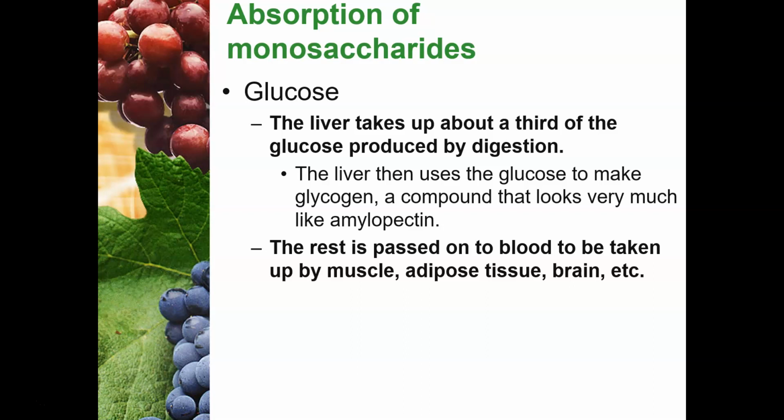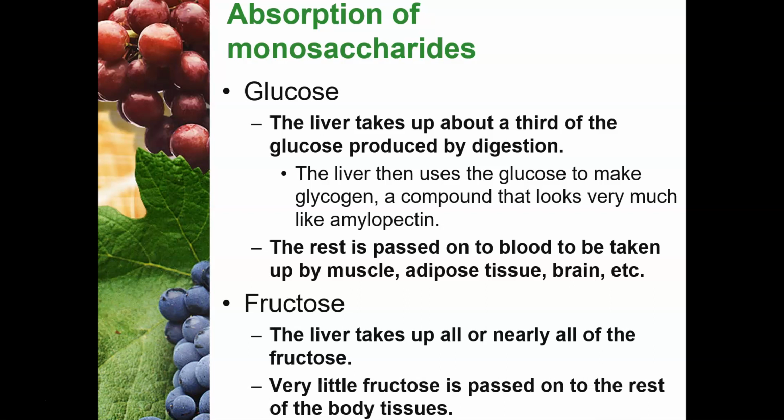So the glucoses are strung together to make glycogen, and the glycogen is stored in the liver for later, so during maybe a fasting situation. And then the rest of it is passed on to the blood. And the glucose can be taken up by muscle or adipose tissue or the brain. The brain needs quite a lot of glucose to function properly.